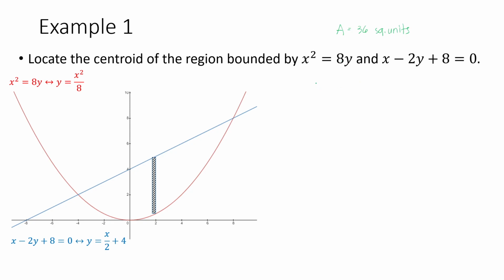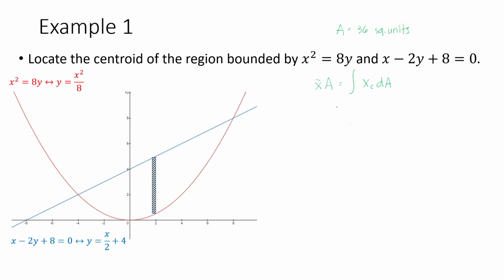For bar x, the formula is bar x times the area equals the integral of x sub c, then differential area. As I mentioned earlier, the differential area is defined by the particular strip you are using.